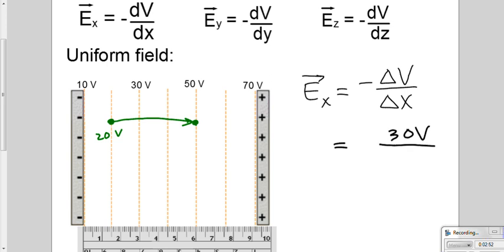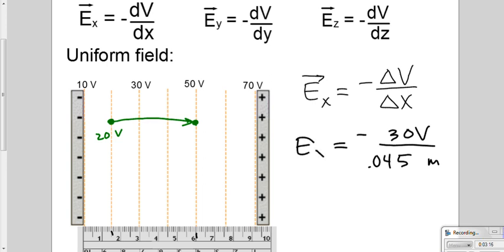And what's our delta x? Delta x is how far in the x direction we ended up moving. Well, we started on the 1.5 centimeter line, and we ended up on the 6 centimeter line. So that's a move of 4.5 centimeters, or I'm going to call it 0.045 meters. Now don't forget to put the negative sign in there.